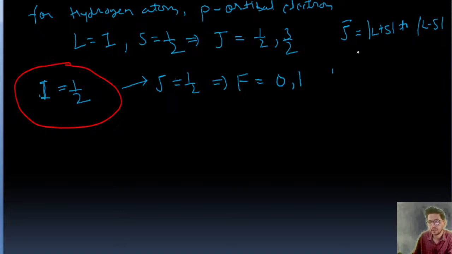The F value is going to be from mod of J plus I to mod of J minus I.